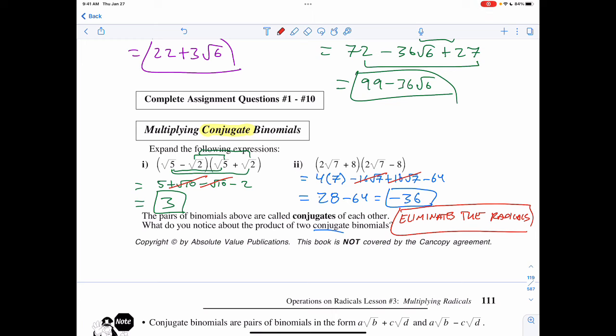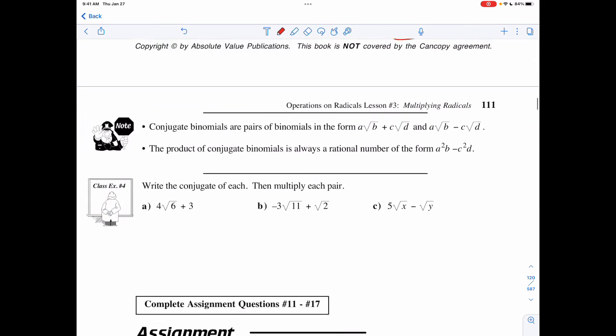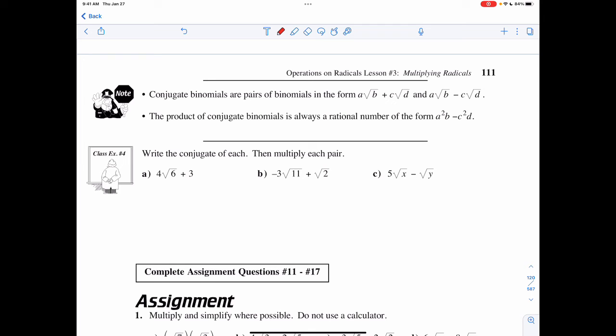This is going to be really important for the next two lessons. If I took a root b plus c root d and multiply it by a root b minus c root d, it's going to be a squared times b minus c squared times d, and I'm going to have no radical sign left.